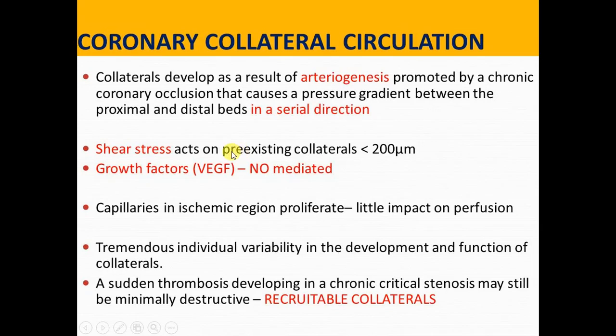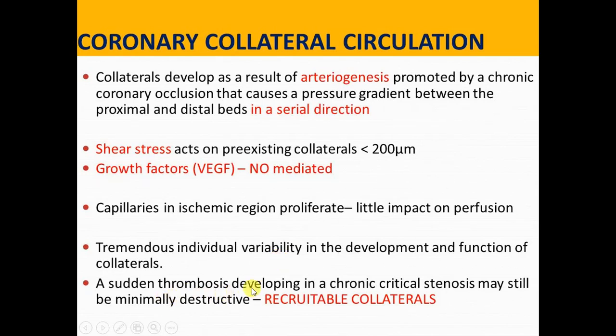Shear stress acts on pre-existing collaterals less than 200 micrometers, and growth factors are mediators. Capillaries in the ischemic region proliferate and have little impact on the perfusion. There is tremendous individual variability in the development and function of the collaterals.